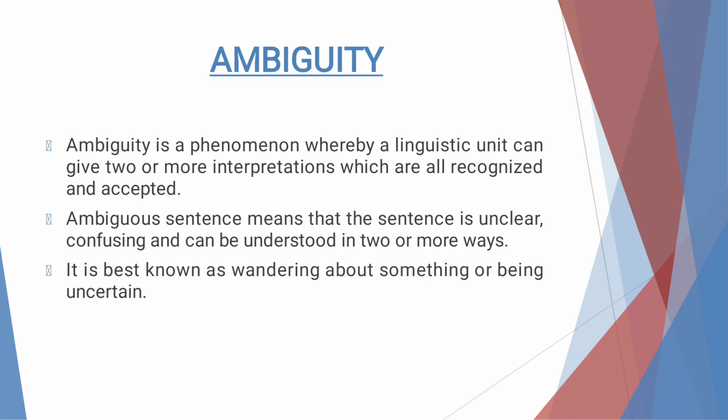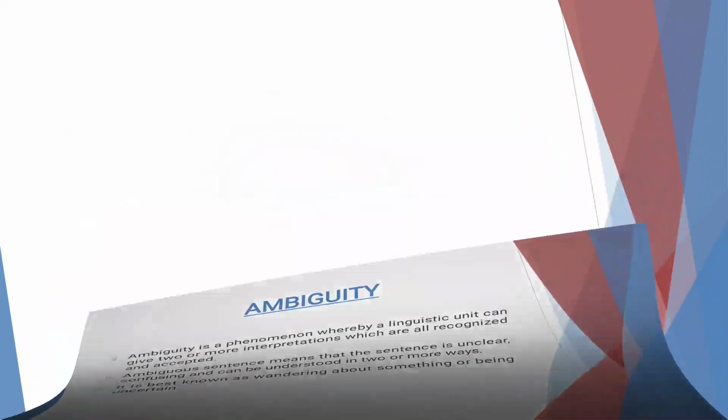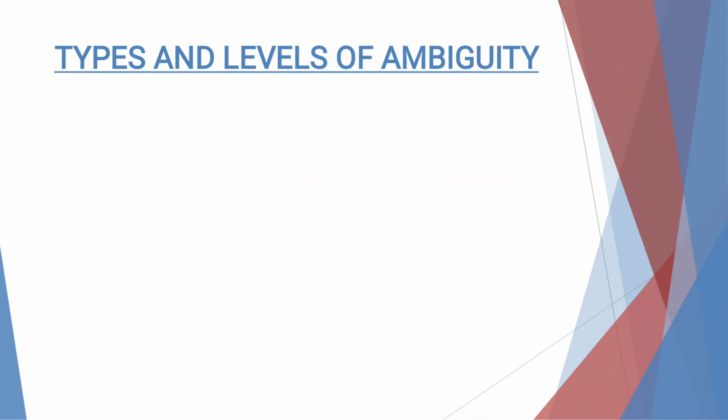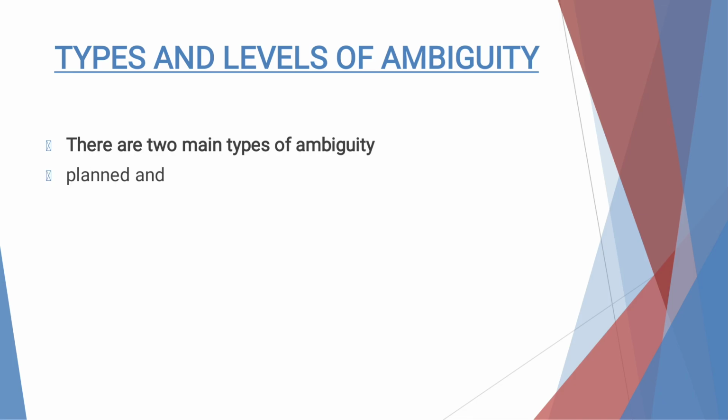That is ambiguity. Now we have types of ambiguities and we have levels of ambiguity. When we talk about the types of ambiguity, it has been categorized into two. We have planned ambiguity and unplanned ambiguity.